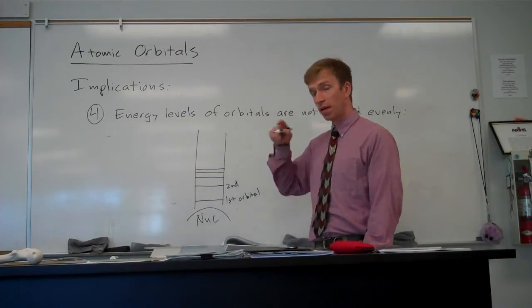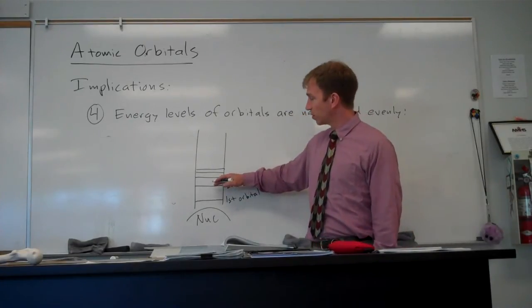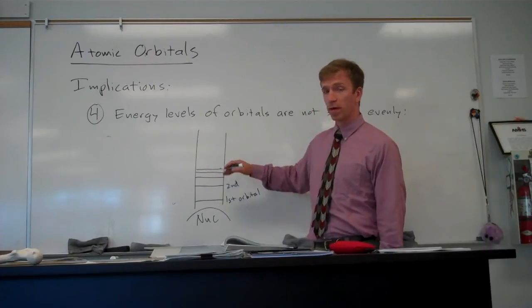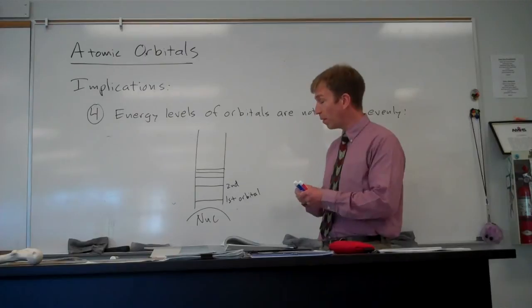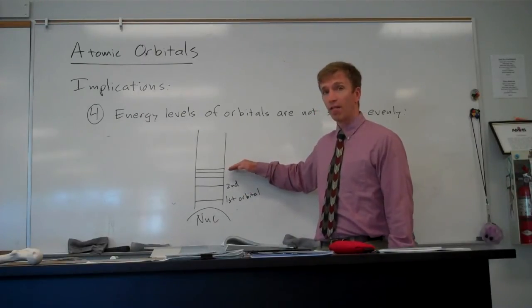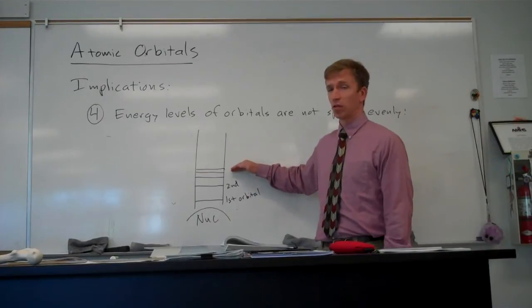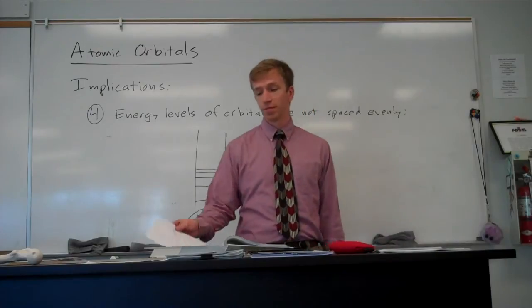And every single orbital that you get further from the nucleus, the amount of energy that is required to bump an electron up from one orbital to the next is smaller and smaller. But, again, the orbitals that are further from the nucleus have more energy, or the electrons in those orbitals have more energy than the electrons in orbitals that are closer to the nucleus.